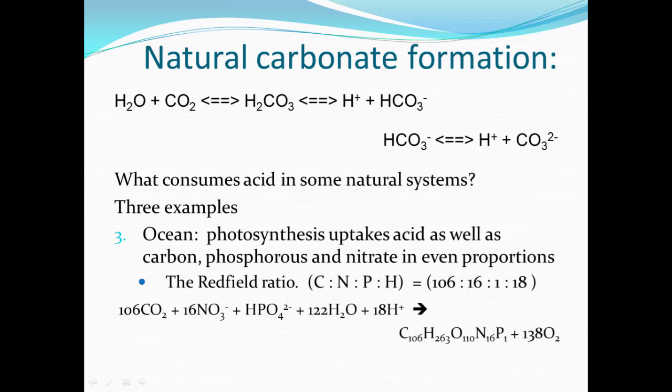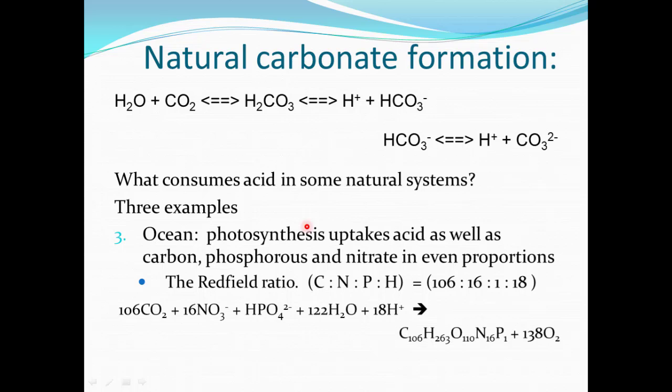In the ocean, probably the biggest uptake of CO2 is through photosynthesis. Photosynthesis uptakes the acid as well. So you can define photosynthesis of the phytoplankton in the ocean as a chemical reaction with set ratios. These are called the Redfield Ratios. So in photosynthesis, it's very common to have 106 carbon atoms consumed along with 16 nitrogen atoms consumed with one phosphorus atom, and also 18 hydrogen atoms as acid.